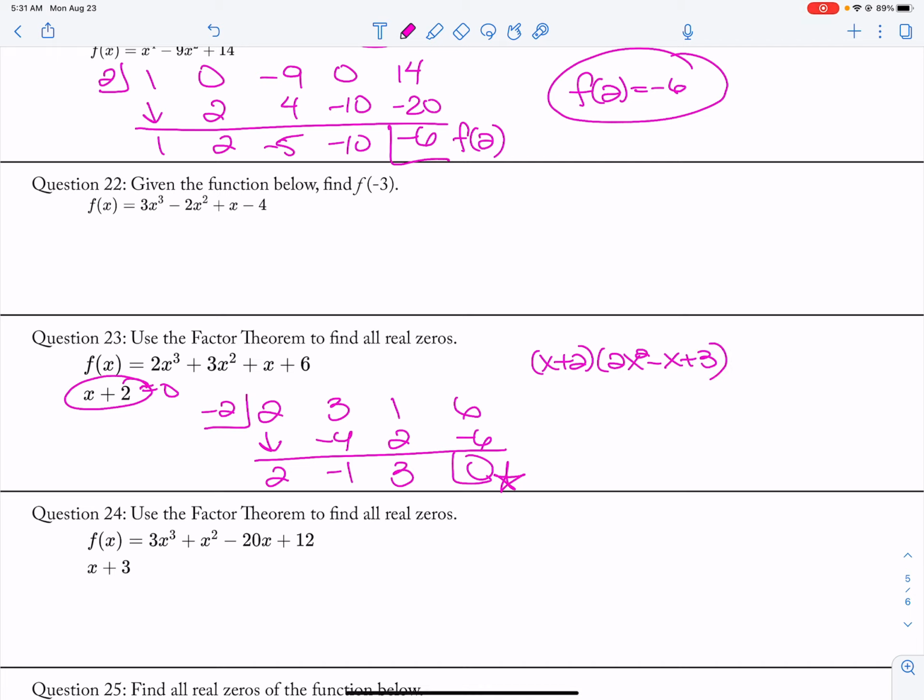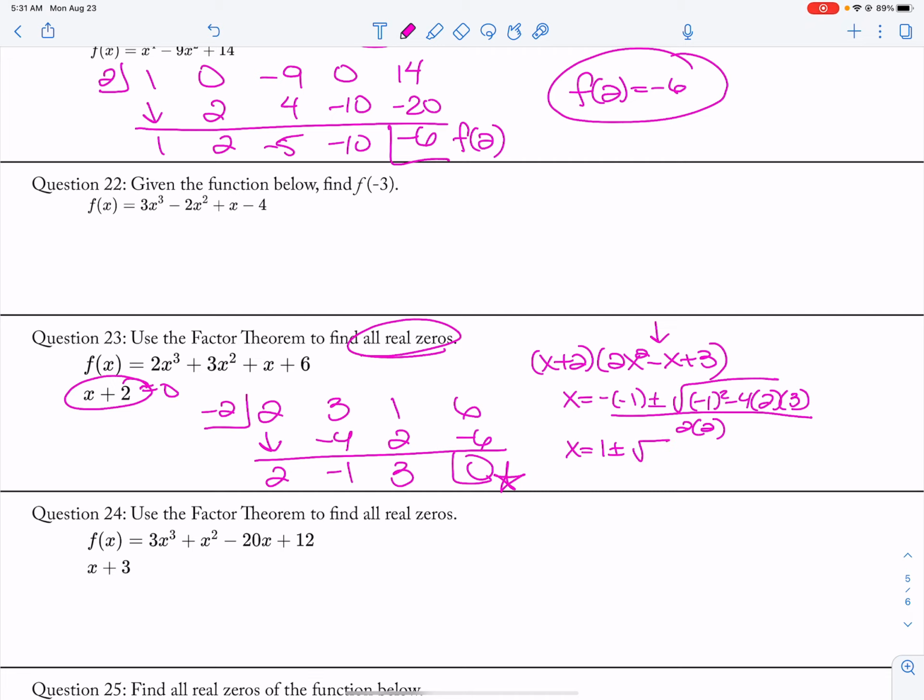Now, this here does not factor, so to find all the zeros, I'd have to use the quadratic formula. So x equals negative a negative 1 plus or minus the square root of negative 1 squared minus 4 times a times c all over 2a. So then x is equal to 1 plus or minus the square root of negative 23 over 4.